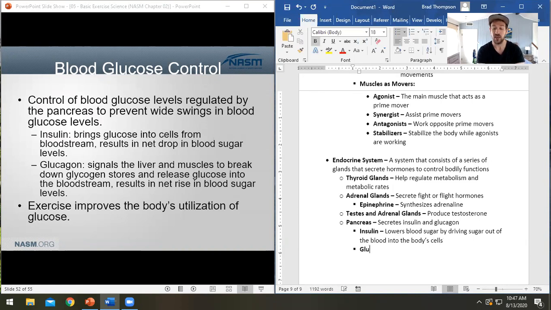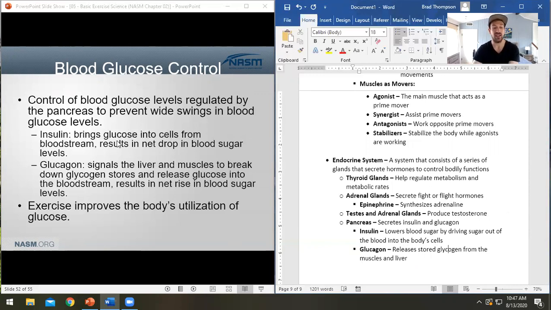And then you've got glucagon, which releases glycogen from stored carbohydrates. It releases stored glycogen from the muscles and liver. Stored glycogen, that's what I should say. Releases stored glycogen from those areas, right?